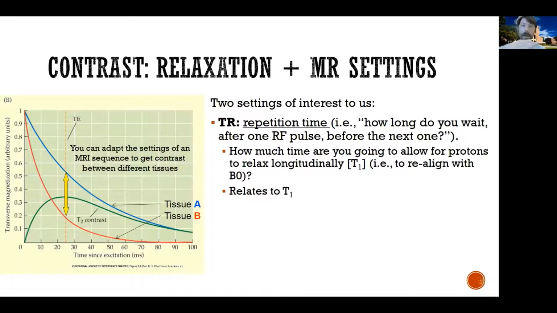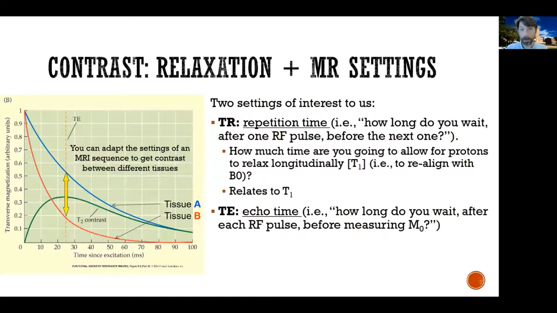If they haven't come back up enough in the Z-axis, the radiofrequency pulse won't be effective at exciting those protons. Now, the second parameter of interest, which instead relates to T2 relaxation, or relaxation in the XY plane, is known as the echo time.